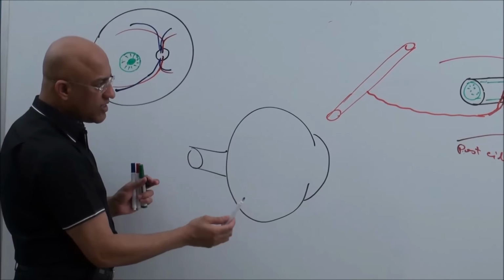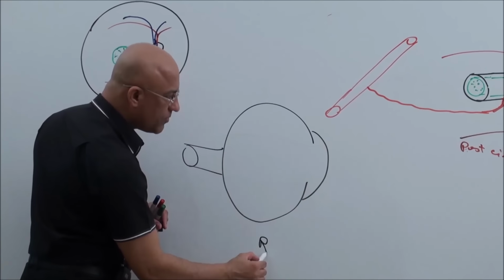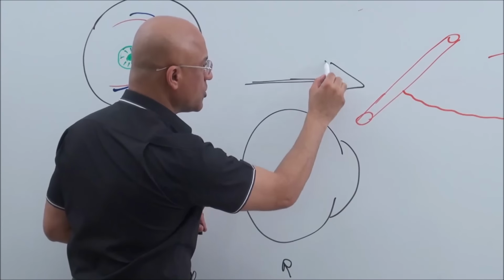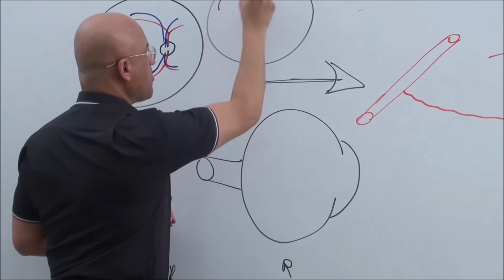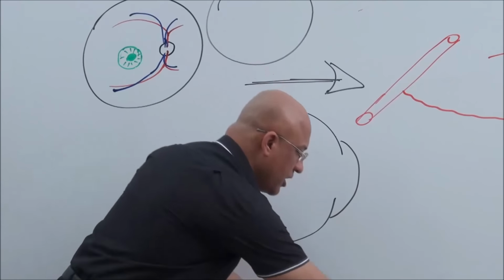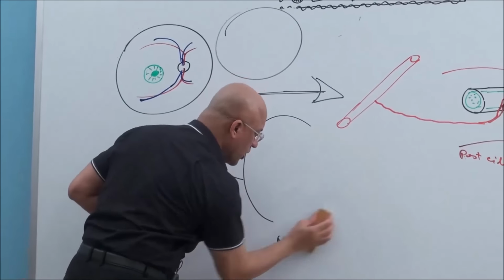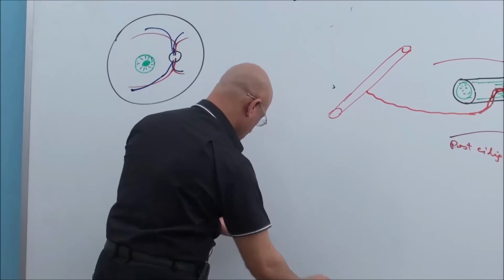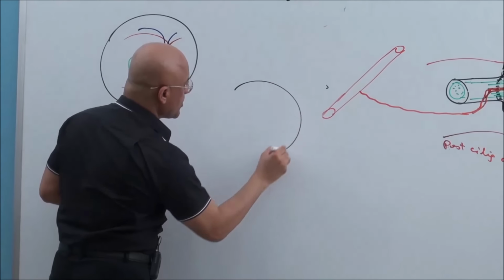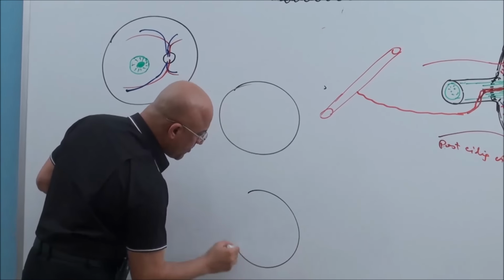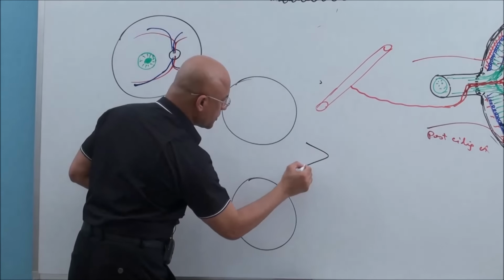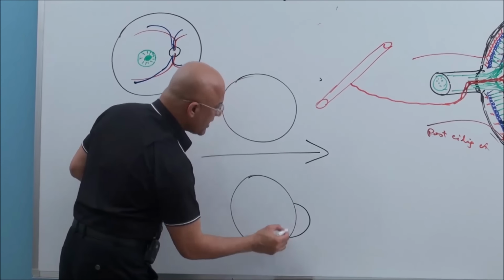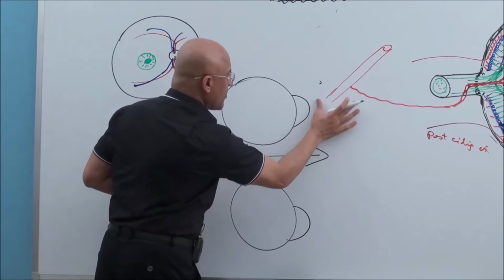Okay. Let's suppose this is the right side and this is the nose. This is your nose. And there's another eyeball here. I will draw two eyeballs so that your concept becomes a little clearer. This is one eyeball and this is the other eyeball. Here is your beautiful nose. Of course, this is the right one and that is the left one.